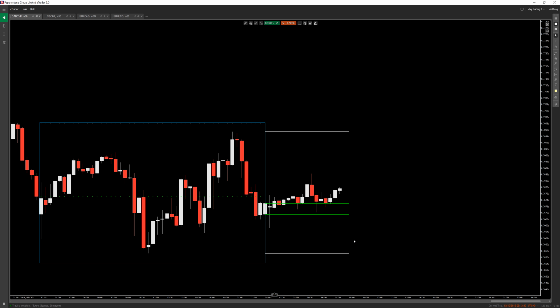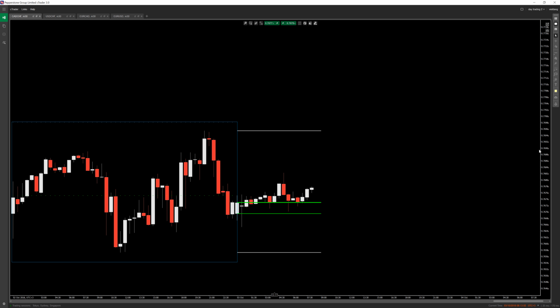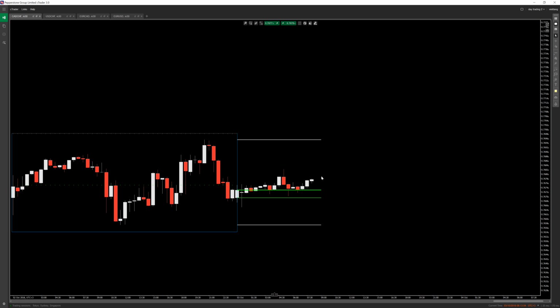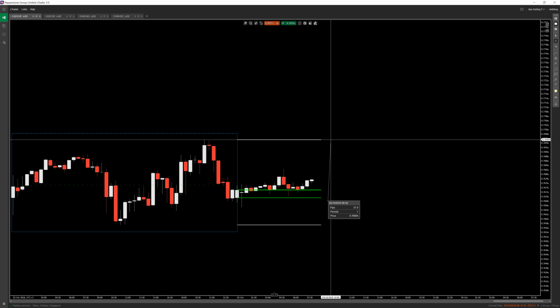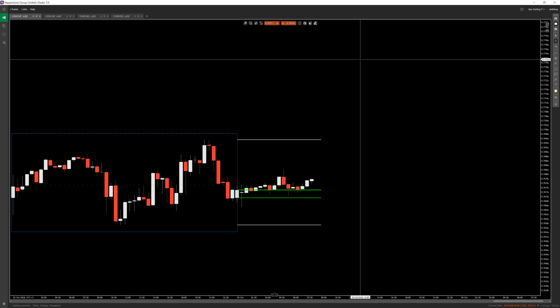So if there was a setup, let's say price breaks out here, does a little bit of a pullback and then continues on again. That's the scenario that I want to be trading. I would have had an entry here, stop around there for 26-27 pips, and my target is usually at least double the size of my stop loss for a 2-to-1 risk reward ratio.